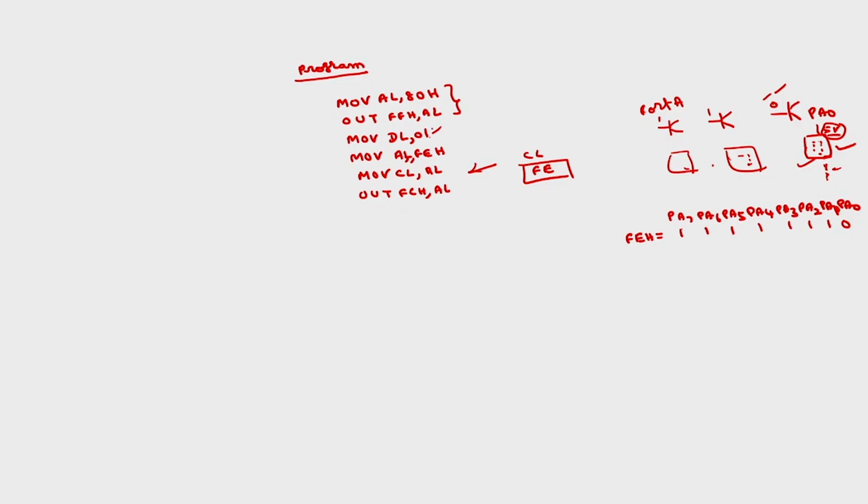Then you have to send a 1 on this one. So, you have to send 1 to this BCD to 7 segment decoder, which is connected to port B, right. So, you take MOV AL comma DL, OUT, port B is FDH, comma AL. So, that 1 will be applied to this BCD to 7 segment decoder.